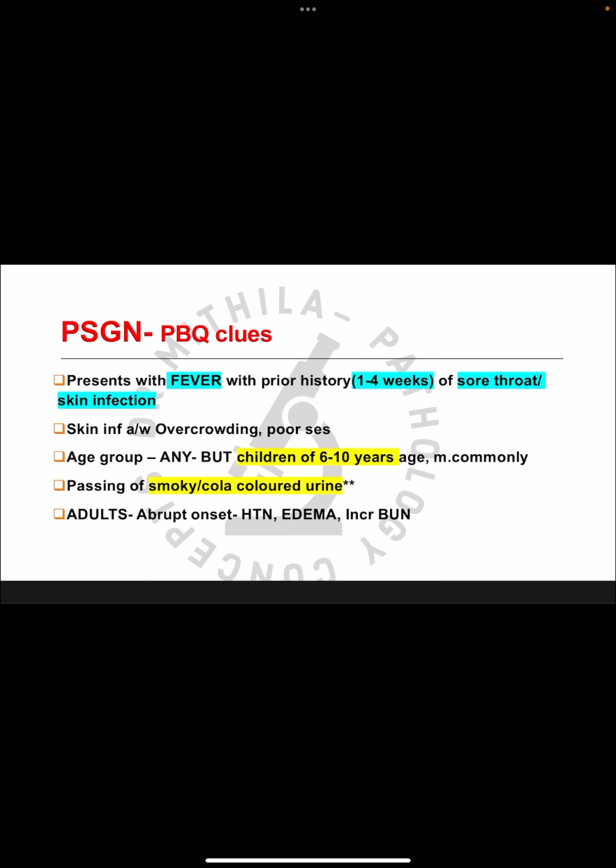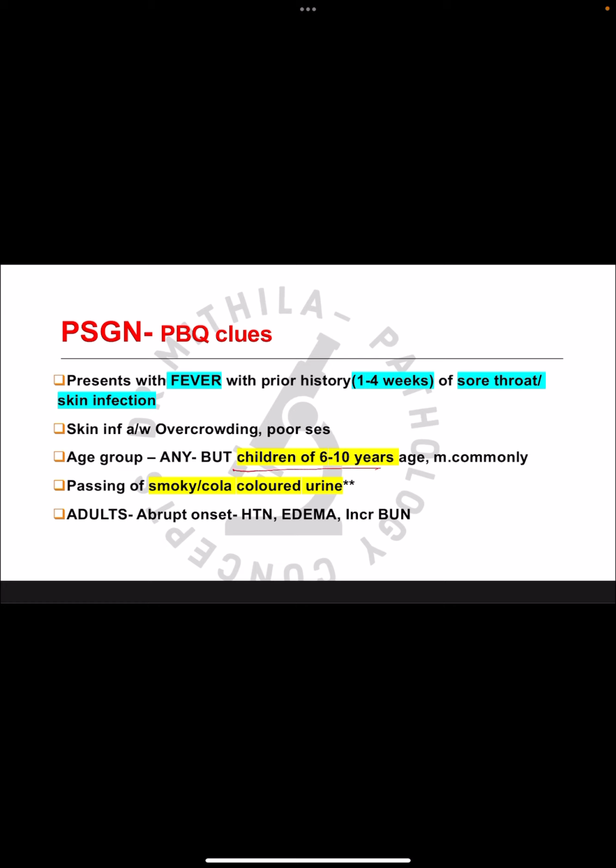So when we talk about post-streptococcal glomerulonephritis, it is caused by group A beta hemolytic streptococcus, and it is most commonly caused by certain strains, which are types 12, 4, and 1. And when the patient presents with PSGN, the patient is most commonly a child.